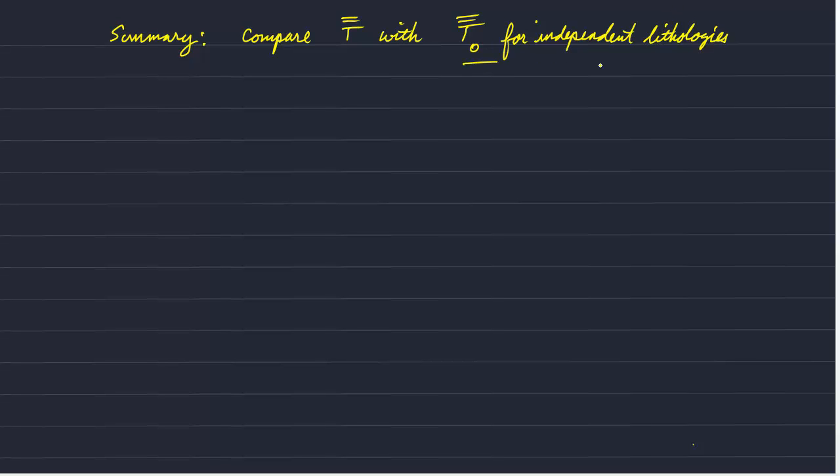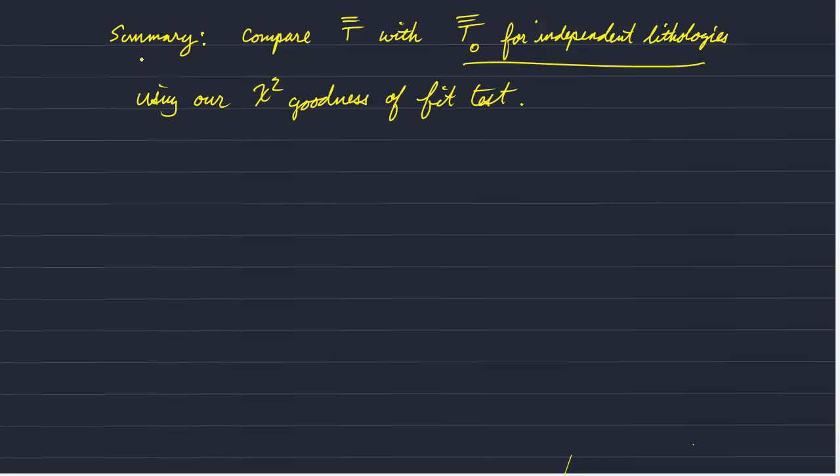So we can predict what the transition frequency matrix should be if all the lithologies are completely independent of each other. And we'll compare that using our chi-squared goodness of fit test.